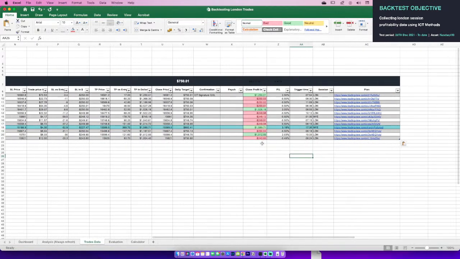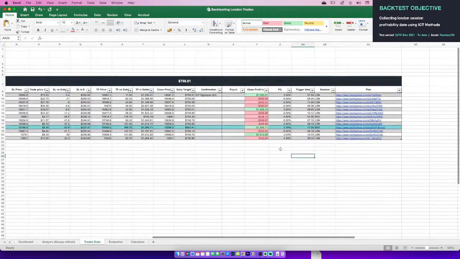Right now the winning rate is not the most amazing, but the risk management is kind of saving my ass right now. The winning rate is absolutely outrageous. It's a trash winning rate.